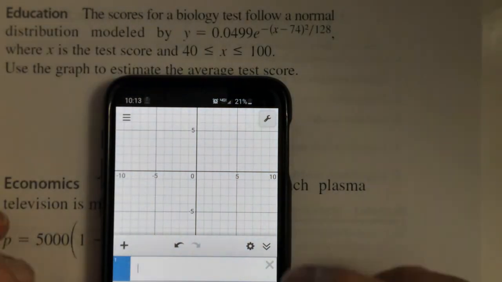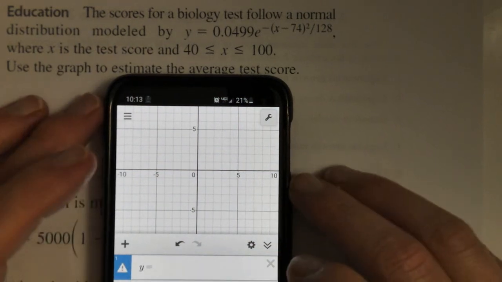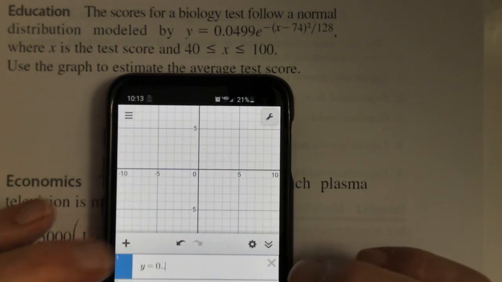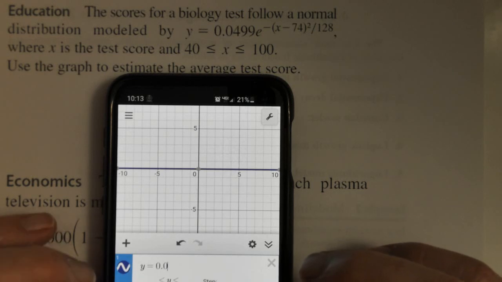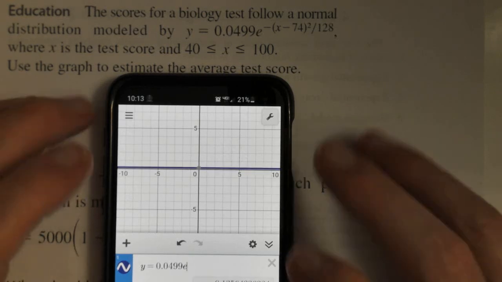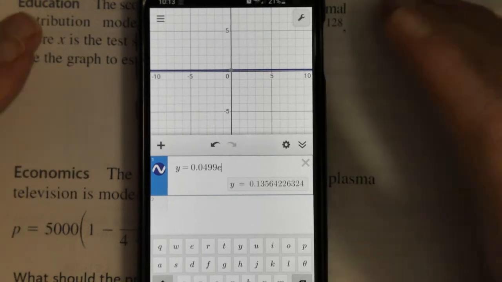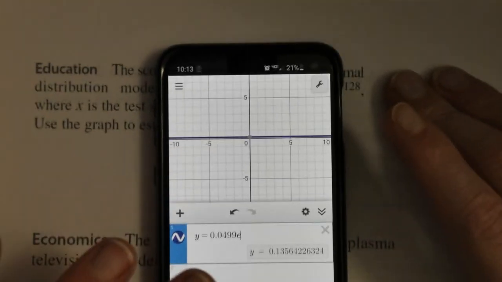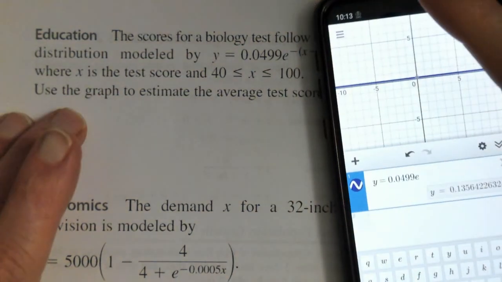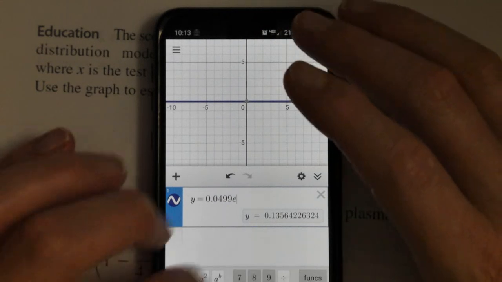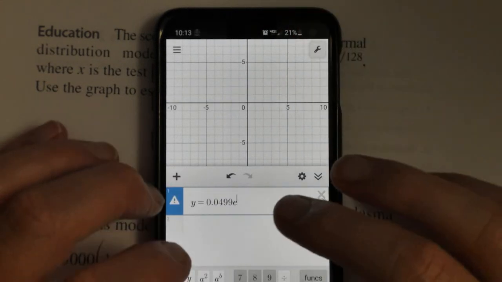And so it's going to be y equals 0.0499 e. Okay, can't see it. Alright, so e. And the e is going to be raised up now to the negative.